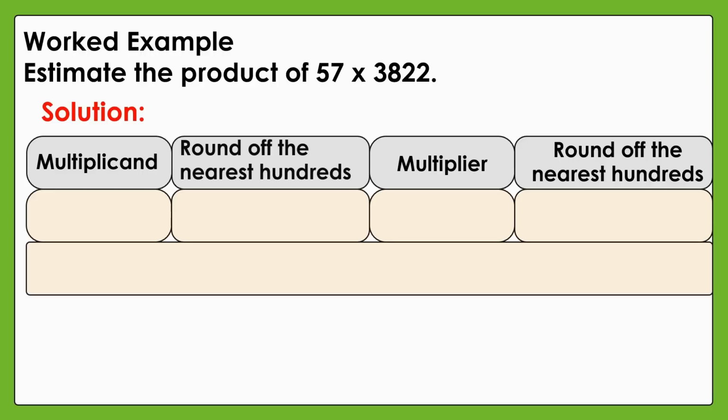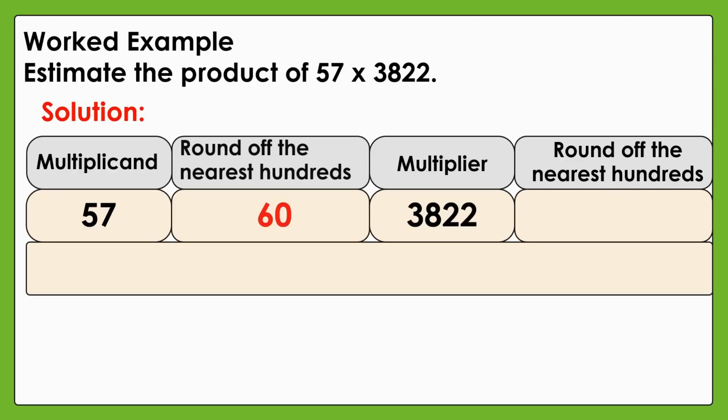Estimate the product of 57 times 3,822. Multiplicand, 57. Round off to the nearest hundreds, 60. Multiplier, 3,822.